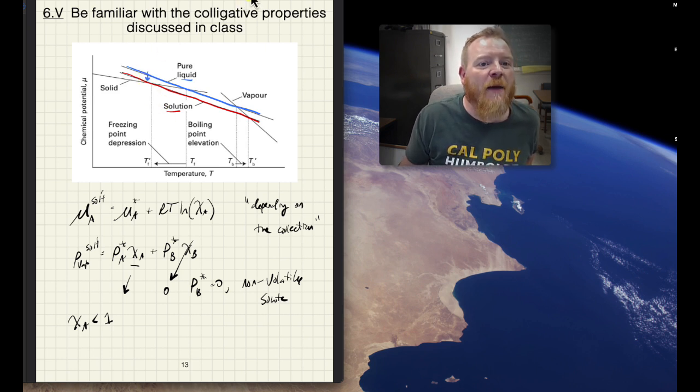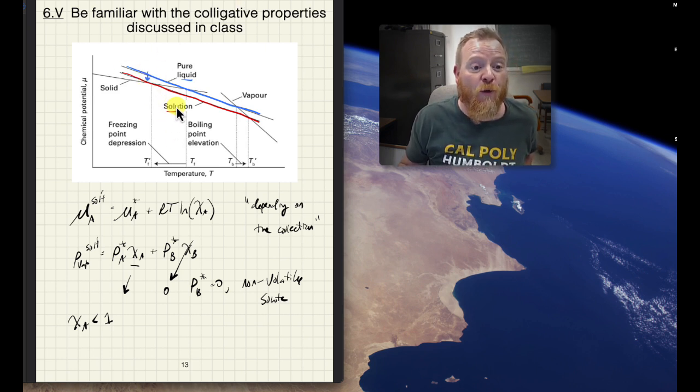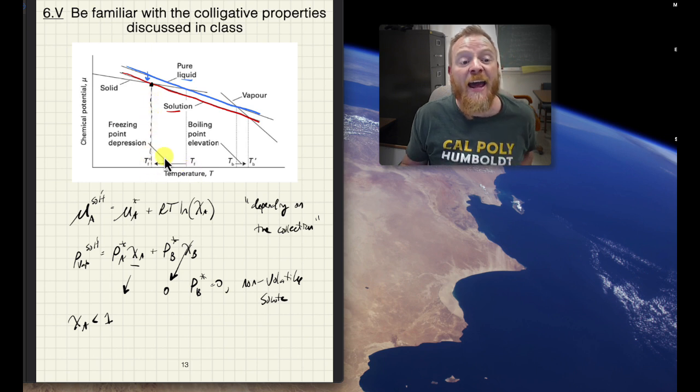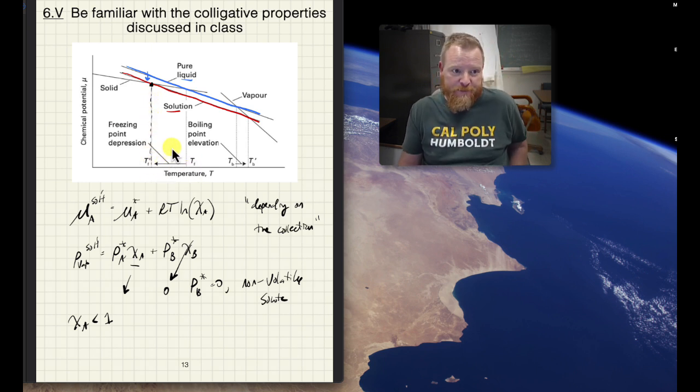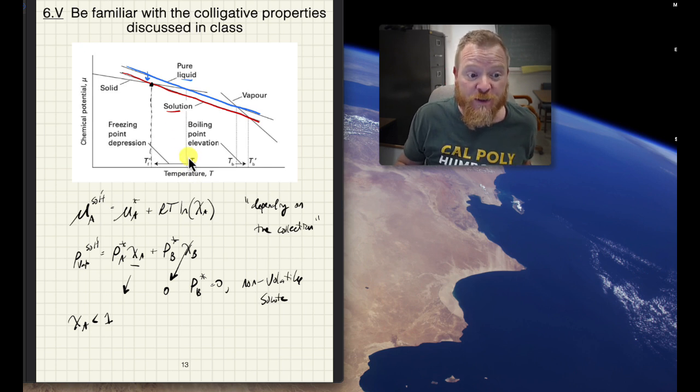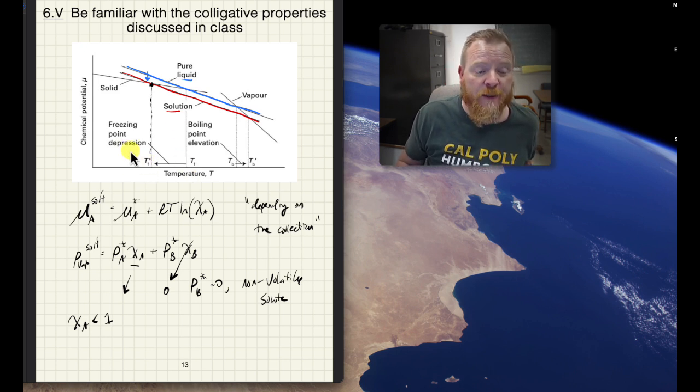And so what that means now when we look at the curve crossing here, this is only affecting the liquid, right, through its vapor pressure. So no effects on the solid chemical potential, but now you can see the solid chemical potential is going to cross that line at a lower temperature than normally would, so the freezing point is lowered.